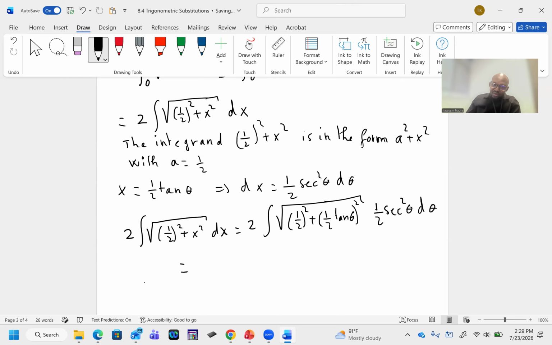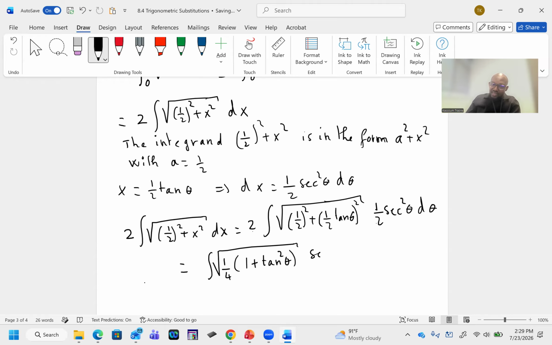And if you look inside this square root, I can factor 1/2 square, because 1/2 square is 1 over 4. And then it will leave 1 plus tangent square theta, and then times secant square theta d theta, since we already simplified this 1/2 and this one.